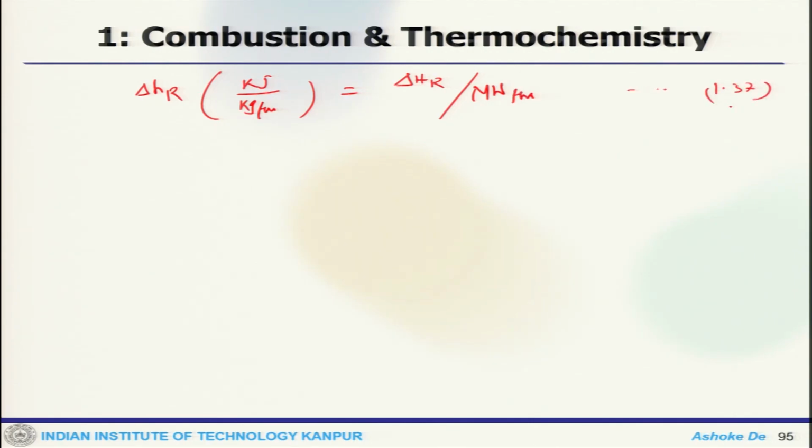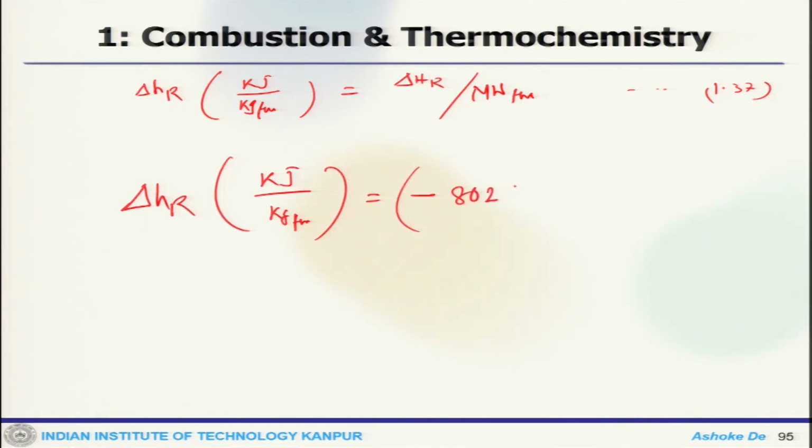So, delta HR per unit mass of fuel equals minus 82405 divided by 16.043, whatever it is. This would be 50.016. That is how you can calculate it.